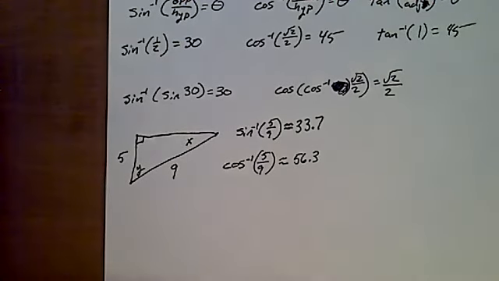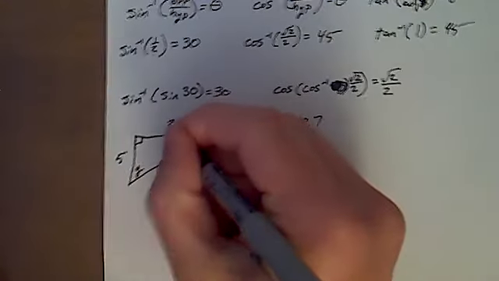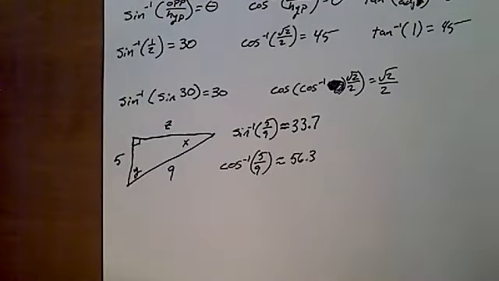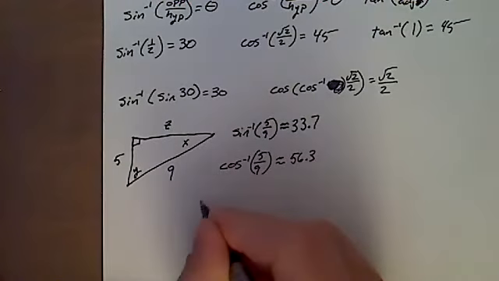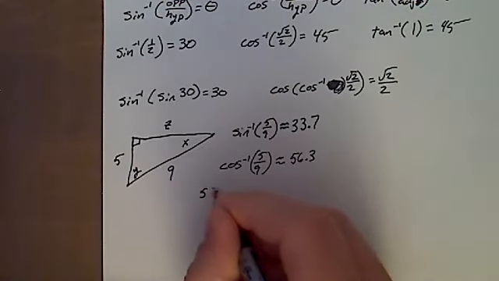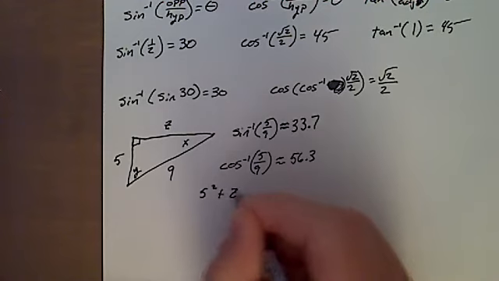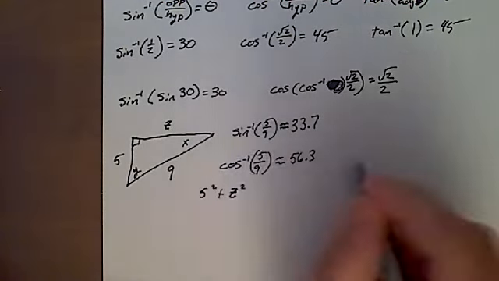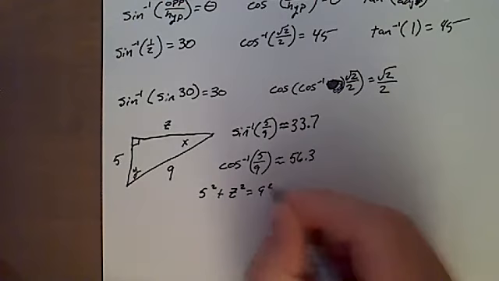All right, I want you to find the third side now. So pause the video, find the third side. That's this side up here. We'll call it Z. All right, so hopefully you did 5 squared plus Z squared is 9 squared.